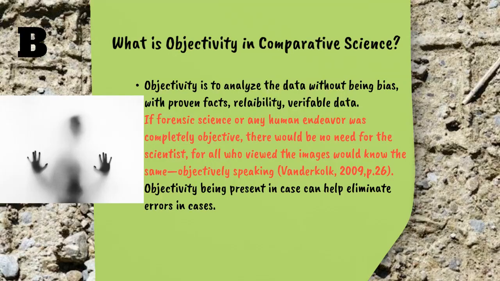They both are actually used in forensic science, but objectivity can help eliminate errors in cases. And objectivity also allows forensic experts to not only depend on objectivity, but to also back up subjectivity in most cases to determine a more concrete answer for the case.